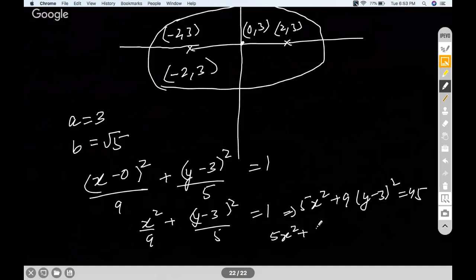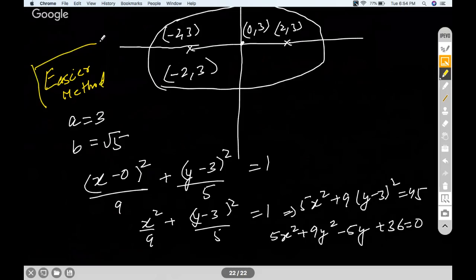That's 5x square plus 9y square minus 54y plus 36 equal to 0. Now this is a much easier way to solve the problem as compared to the previous one. So it's an easier method. But the reason why I showed you the other method is you can also use the other method in case you require it.